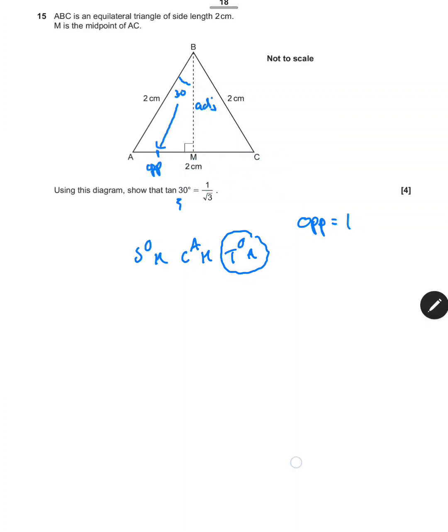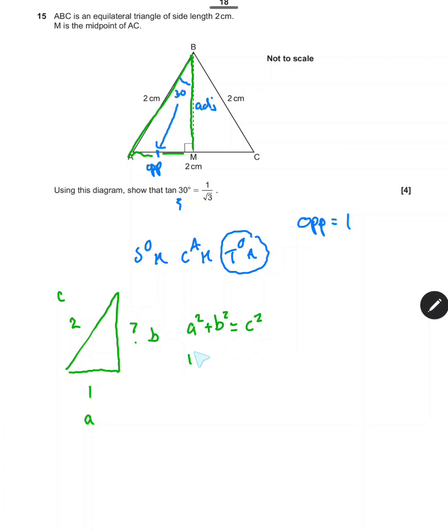What I don't know is my adjacent. So I'm going to just draw this triangle out down here, and I'm going to say, well, I know that this is 1 and this is 2. What I don't know is the adjacent, this up and down measurement. This is Pythagoras' theorem. So if I call that A, that B, and that C, and then say A squared plus B squared equals C squared, you get 1 squared plus question mark squared equals 2 squared.